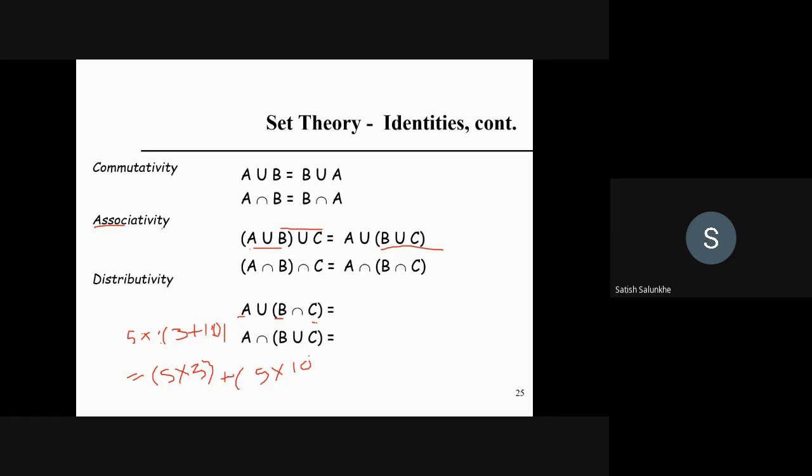This you already learned in your mathematics, what is the distributivity property. So the same thing is here when you apply this operator.